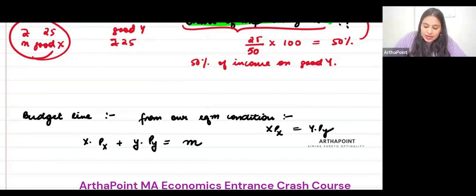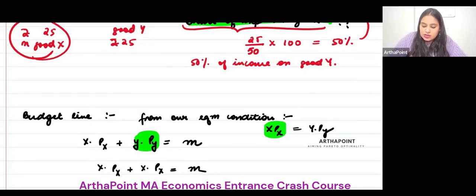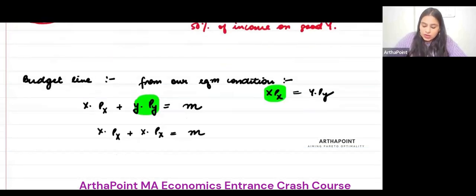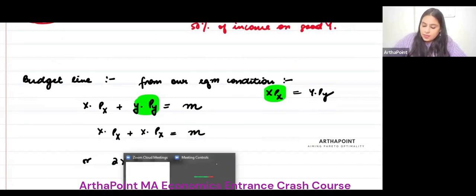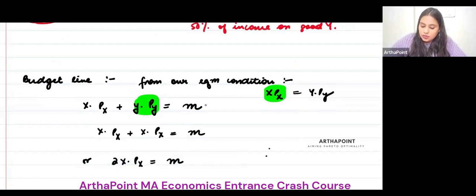So can I replace this YPY with XPX only? We have got this condition. So I will get XPX plus XPX is equal to M, or 2XPX is equal to M, or X is equal to M by 2PX.